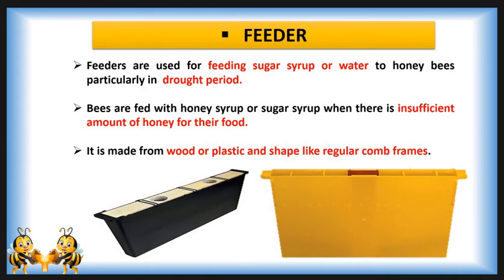It is made from wood or plastic and shaped like a regular comb frame. It is placed in the brood chamber just like a comb frame. Small wooden strips are placed on the surface of the sugar syrup. These wooden strips serve as floats and prevent bees from dropping into the sugar syrup.